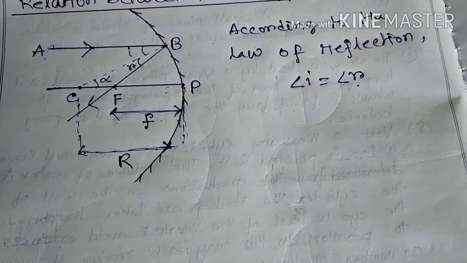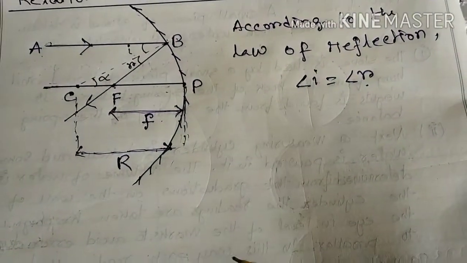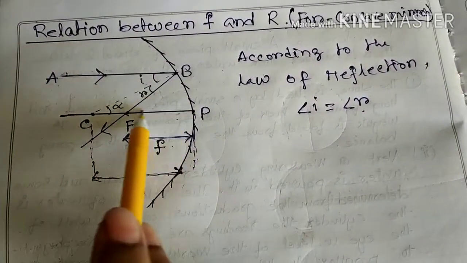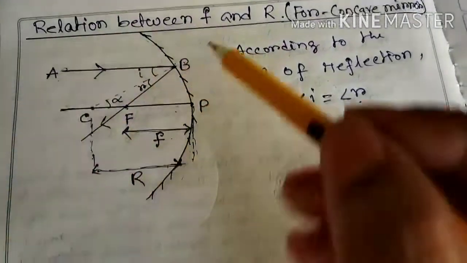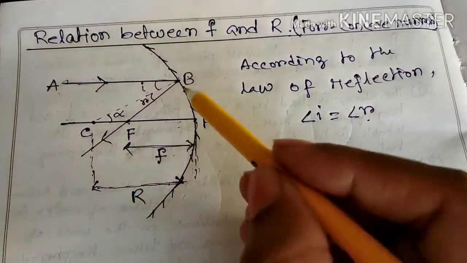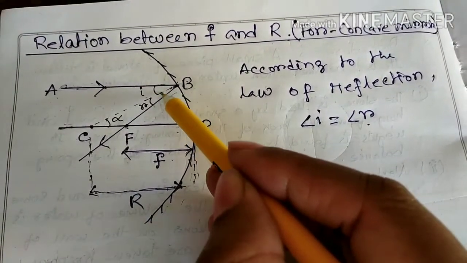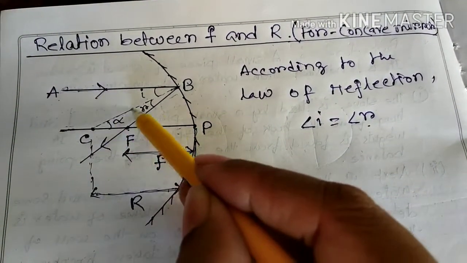Now, if AB is parallel to PC, here this is the incident ray, this is the reflected ray, and in the middle we draw a normal, that is BC.